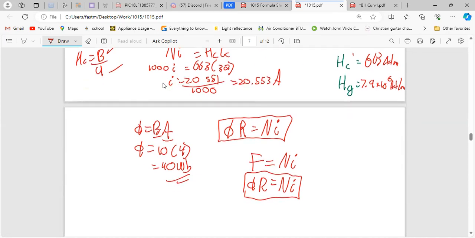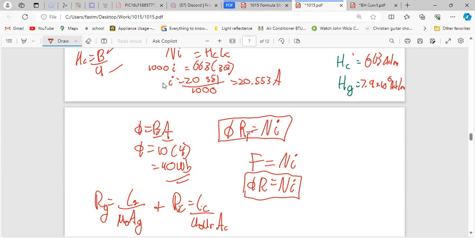And just remember, when you're using it for this, it's RT, so you have to calculate the reluctance of the air gap. So it'll be Lg over mu 0 Ag, plus your RC, which is your L for the core divided by mu for the core itself, which will be mu 0 mu R, times the area of the core.